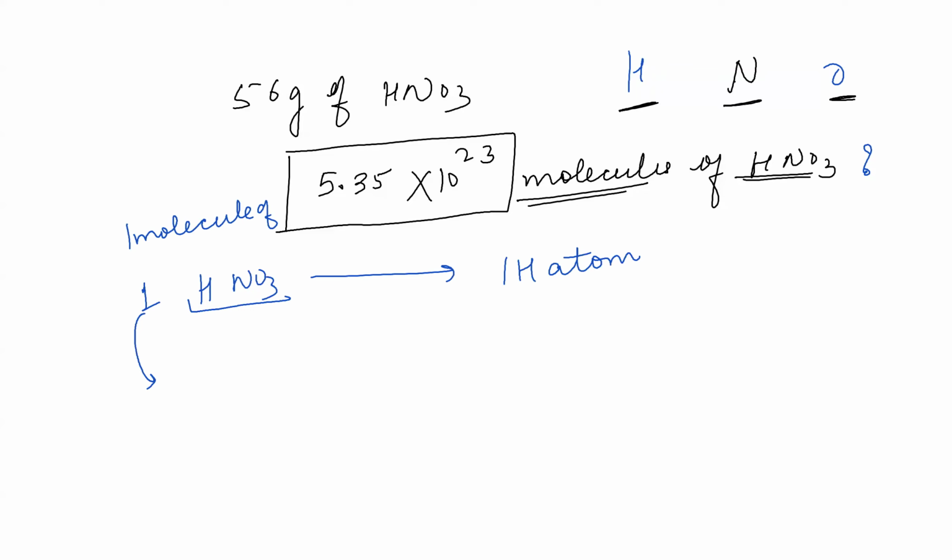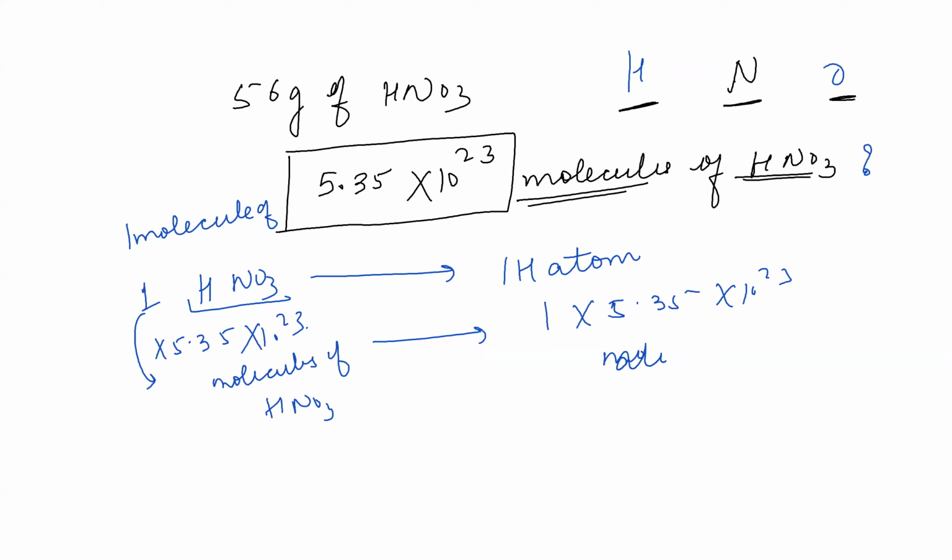Yes or no? So these many molecules of HNO3 will have 1 into 5.35 into 10 raised to the power 23 atoms of H. Do we understand? So how do I multiply them?